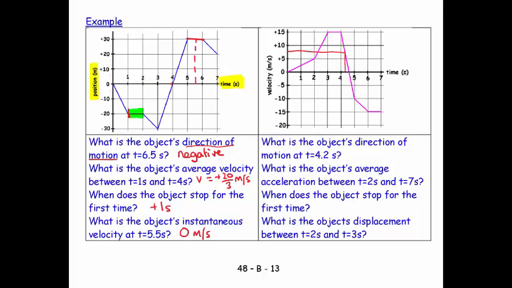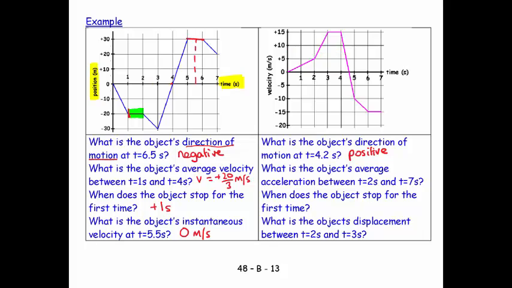And I see it's a positive value, so this will be a positive direction. So in this case, because it's a velocity versus time graph, I simply read the graph to get velocity, whereas previously I looked at the slope. Can you see how it gets confusing sometimes if you're not careful?